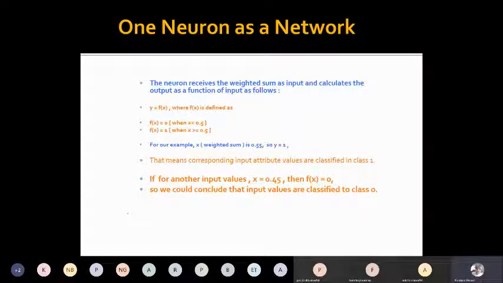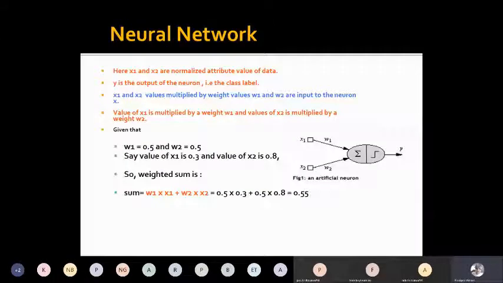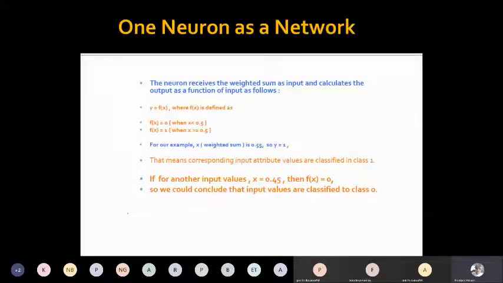So for example, say I am using a single neuron as a network. So there is no neural network, there is a single neuron. And I am trying to train this function, where the step function is f(x) equal to 0 when x is less than 0.5 and f(x) equal to 1 when x is greater than 0.5. In this particular case, since the value is 0.55, y will be 1.